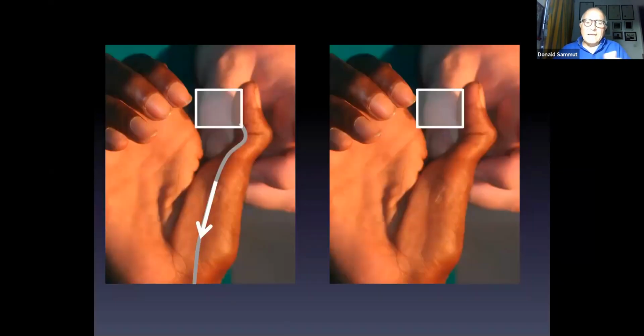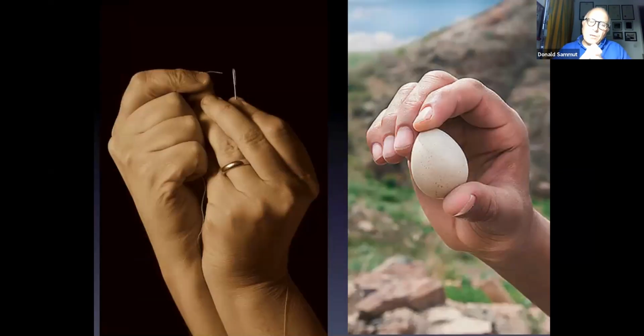In fact, in this case, where you have a wasted thenar eminence, if you try to grip an object, the thumb just buckles backwards. So if we now go further into the intrinsics, we can see how they can perform tasks like this, ones of accuracy, not just in orientation in space, as in threading a needle, but also in isometric power and grip.